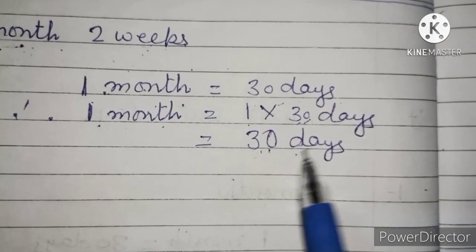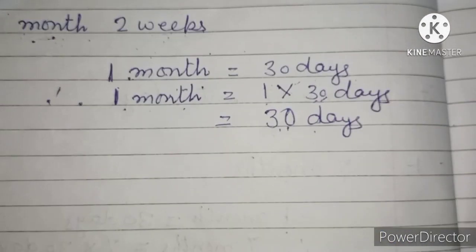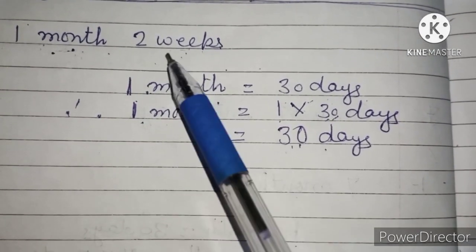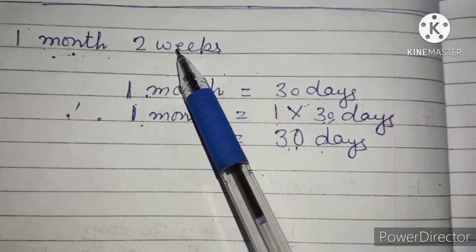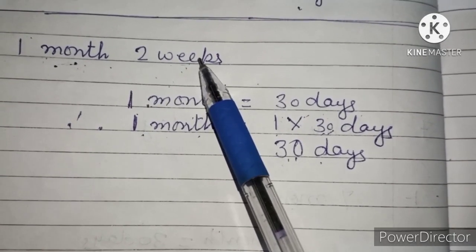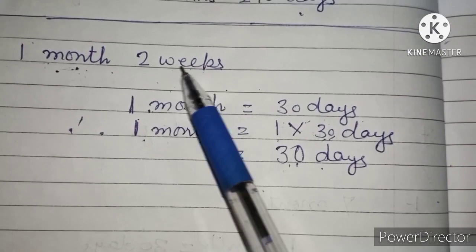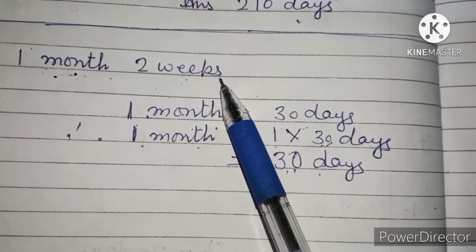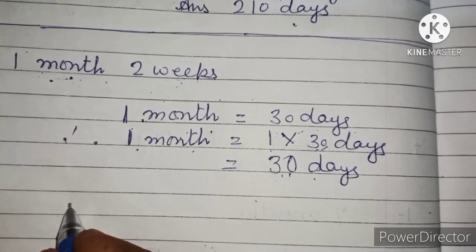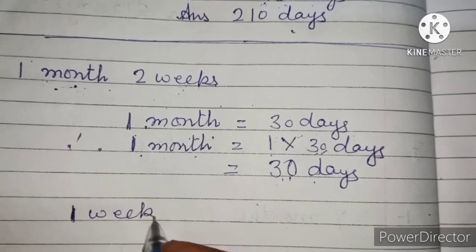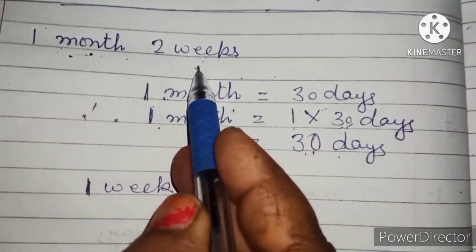Now you can see we have to convert the week into days. So first we will write the formula. 1 week, here written week.